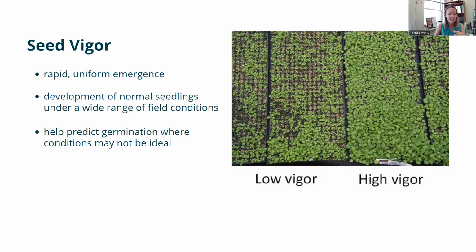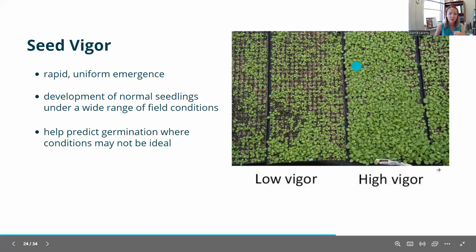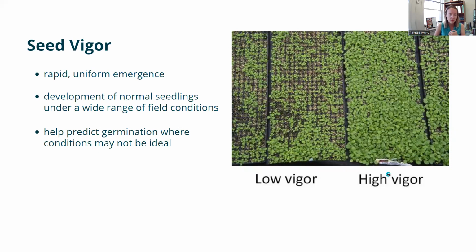So their density is more random. And then this plant on the left here has a higher vigor. So we have uniform emergence, it's much denser, that sort of thing. And this is something that we can do when we're looking at plant breeding.